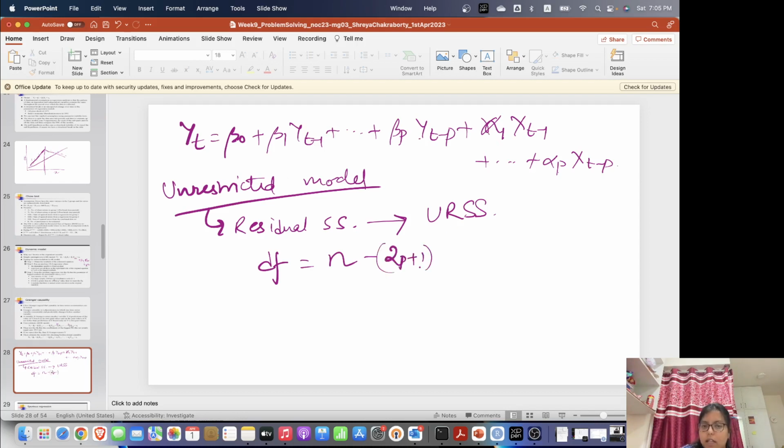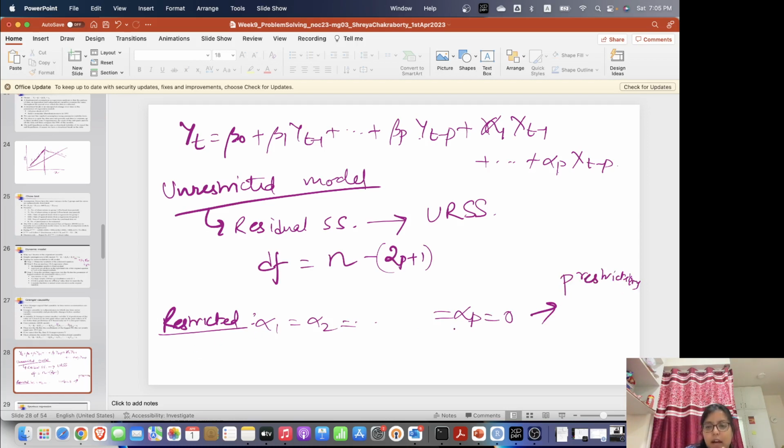This will be the degrees of freedom of the unrestricted model. The restricted model will be alpha 1 equal to alpha 2 equal to alpha p equal to 0. So we have p restrictions, all p alphas set to 0.